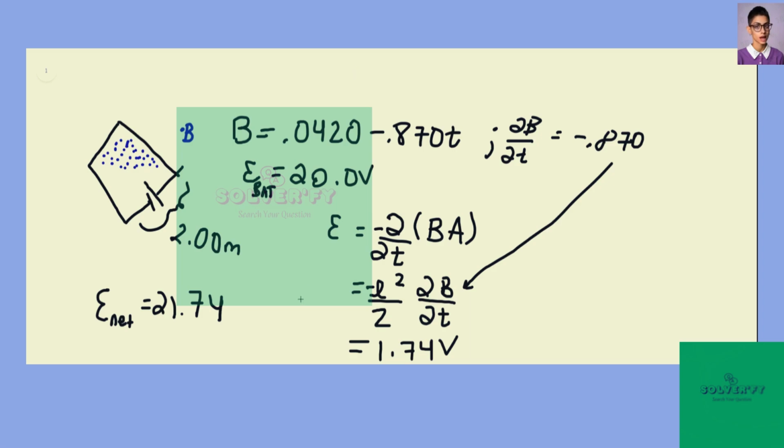So you can say EMF net is 21.74. I'm going to check one quick thing. Okay. And so it's going to add to the EMF of the battery, and therefore cause a counterclockwise current.